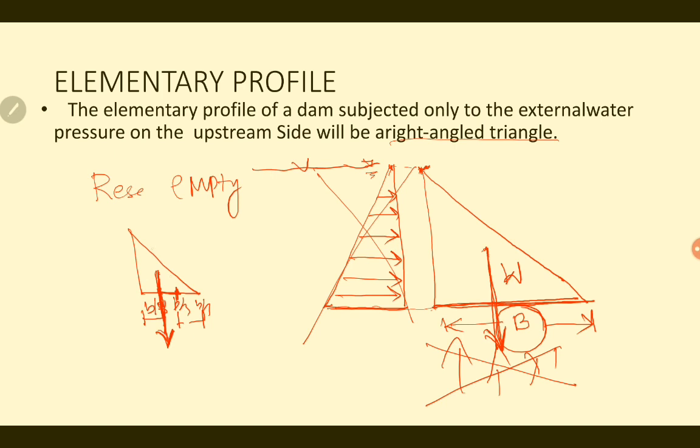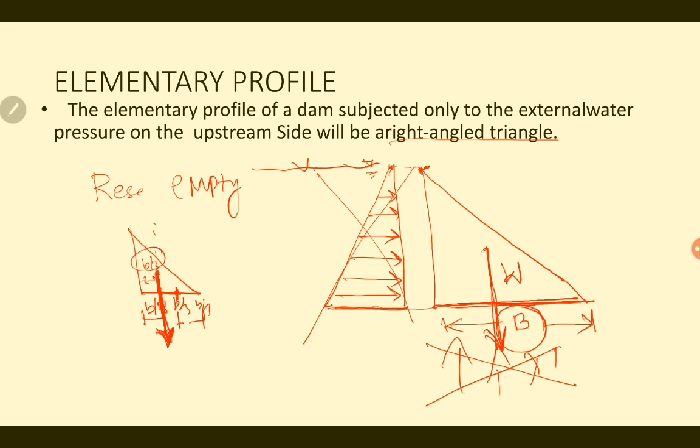Since there is no other force, the resultant is equal to the self weight. It must pass through the B by 3 inner middle third line in the case of dam empty. This distance is equal to B by 3.